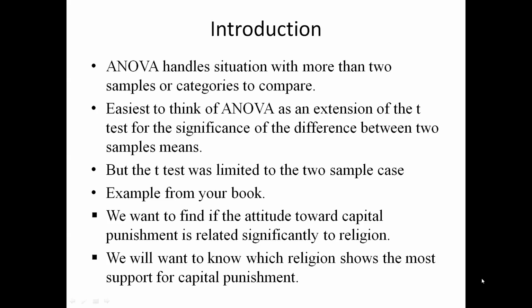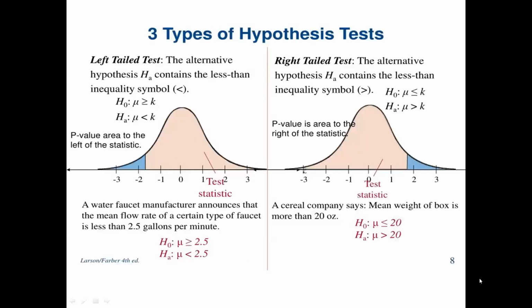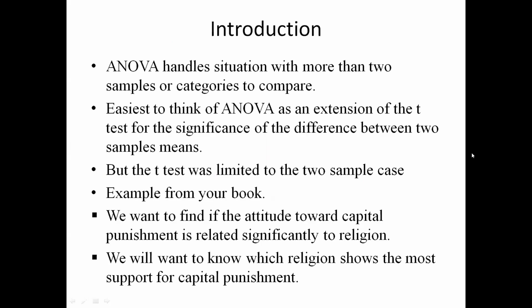Example from your book: here we want to find whether attitudes towards capital punishment are significantly related to religion. Then we want to know which religion shows the most support for capital punishment.